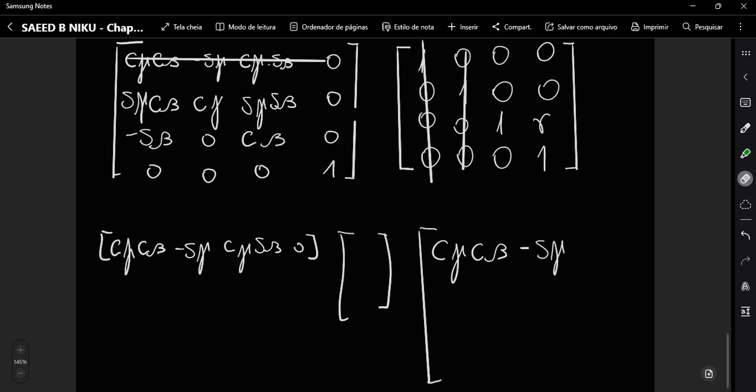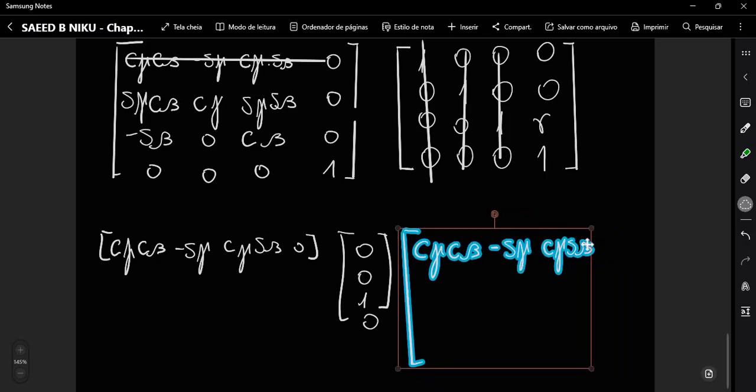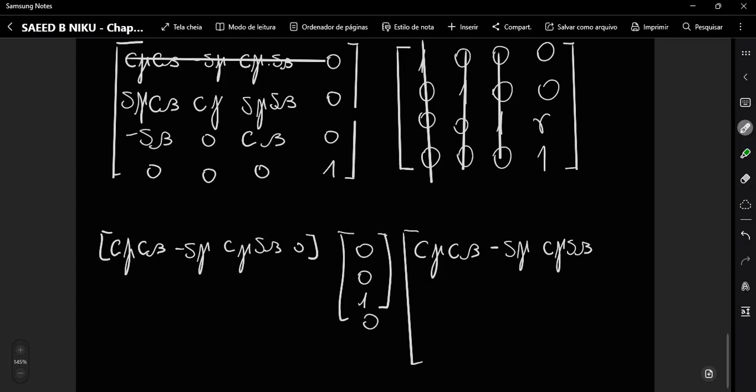Okay, and now this third column, 0, 0, 1, 0, which will return cosine of gamma, sine of beta. Okay. Now the last column, 0, 0, or 1.